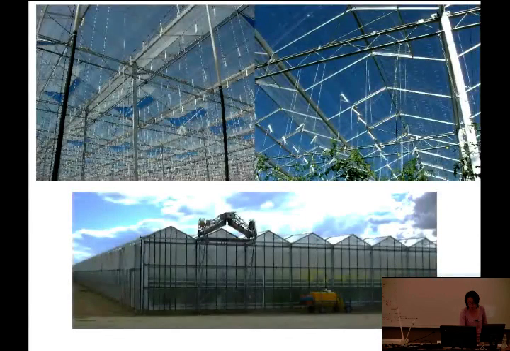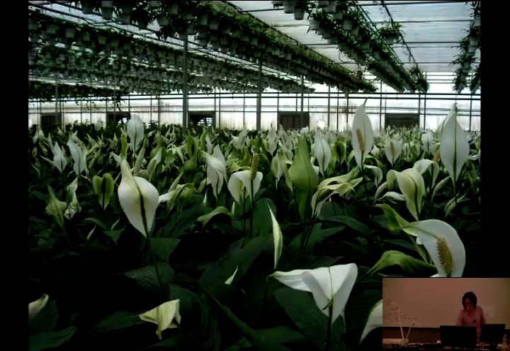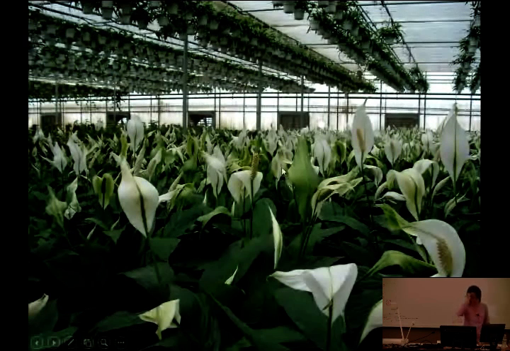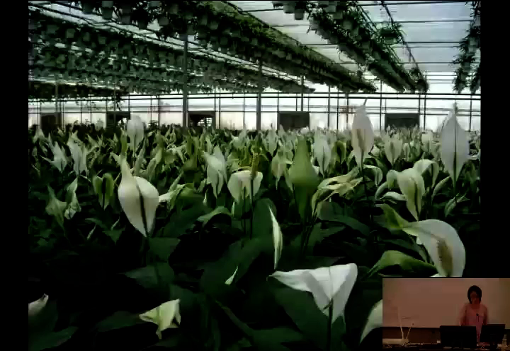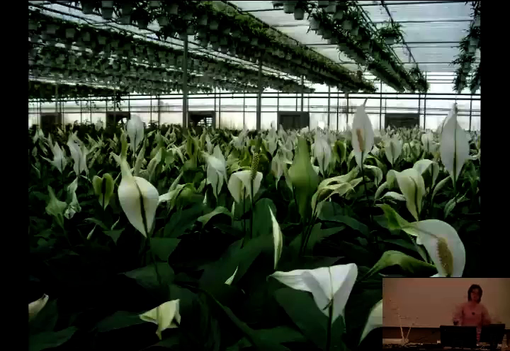All right, so this is a shade cloth. This is a greenhouse used for relatively low light crops, like this one, Spathiphyllum. That's an ornamental crop, and they like a relatively shady, humid environment.